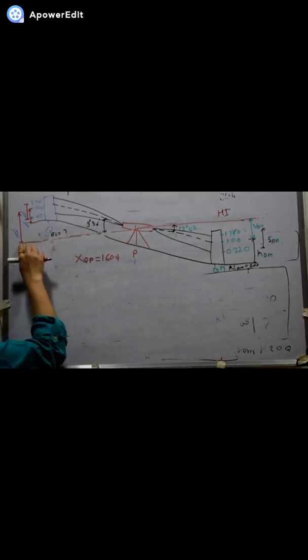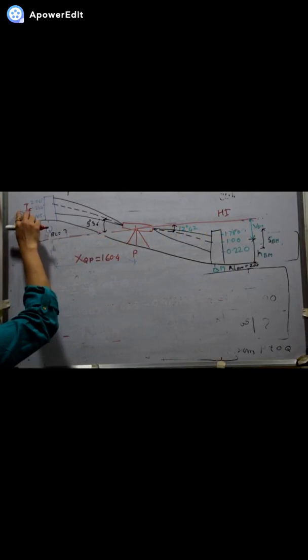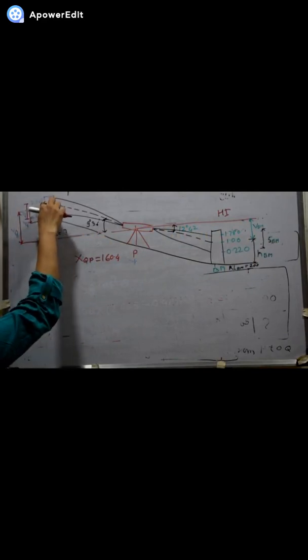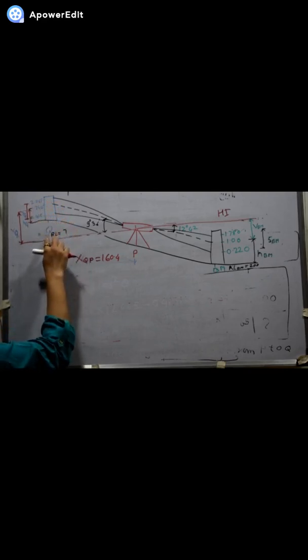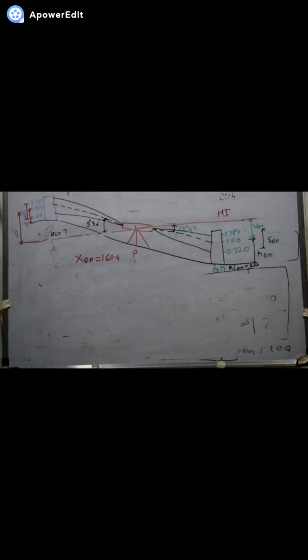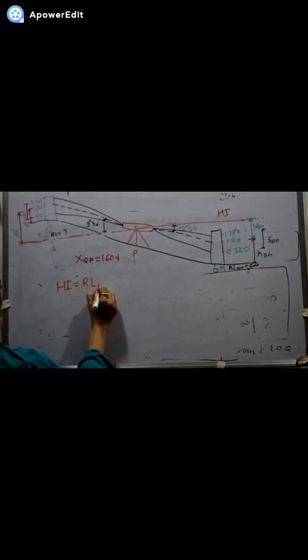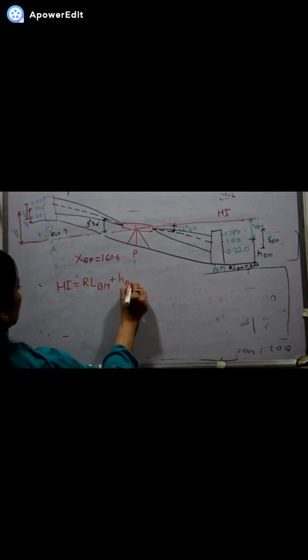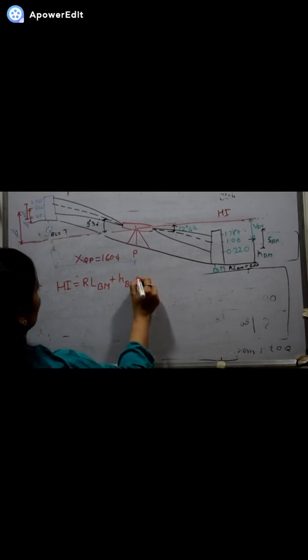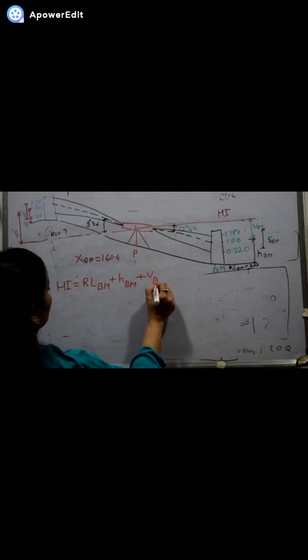To this height of instrument, if I add BQ, I will reach the middle hair reading, and if I minus the middle hair reading, I will reach the base of the Q, that is nothing but RL of Q. To start with RL of Q, the height of instrument HI is given by the formula RL of benchmark plus H of BM, it is not benchmark, it is BM, it's an indication, plus V of BM.